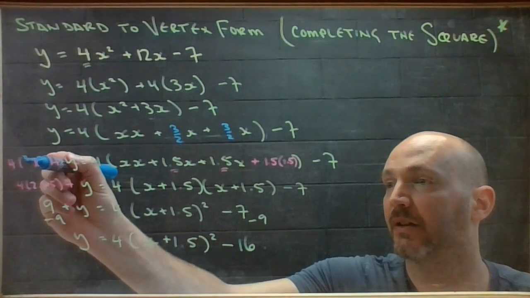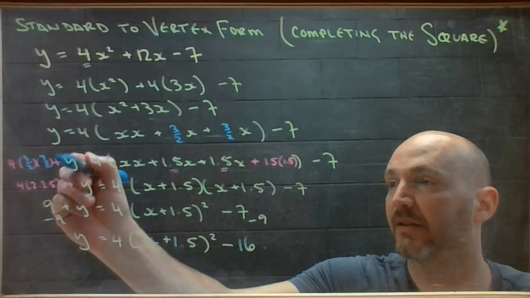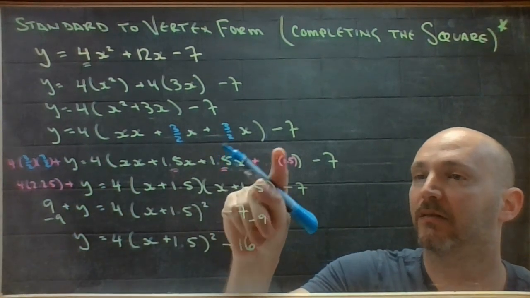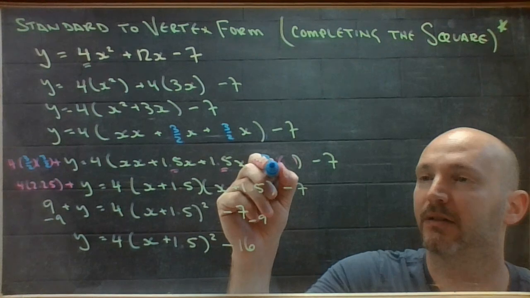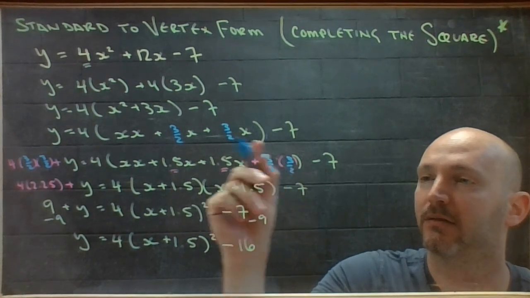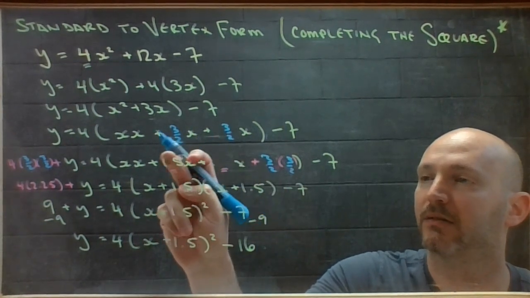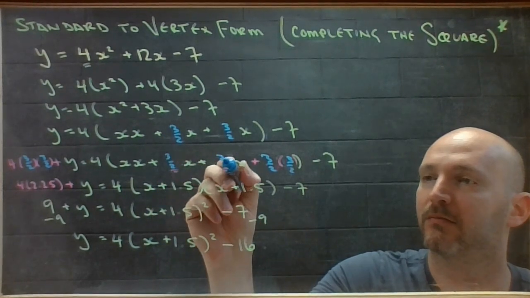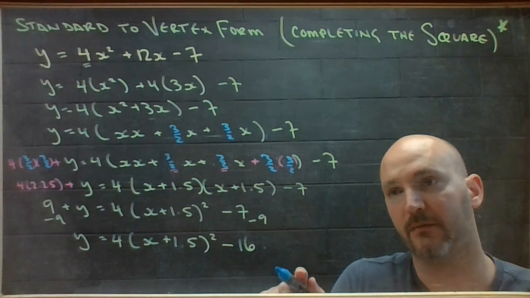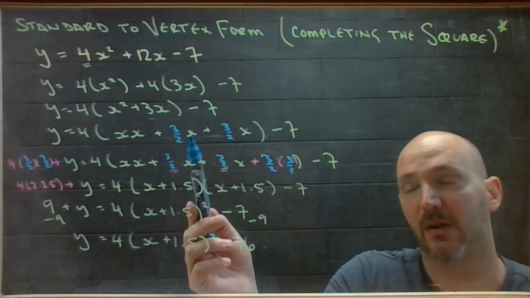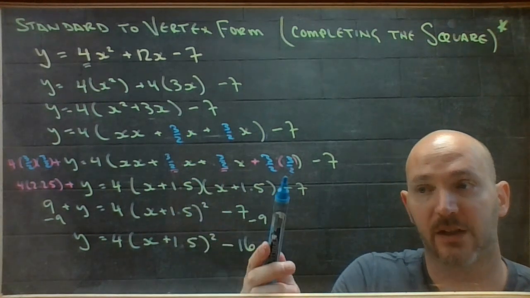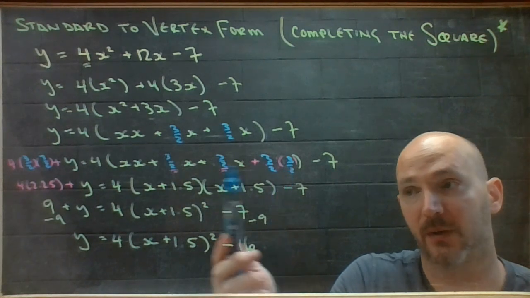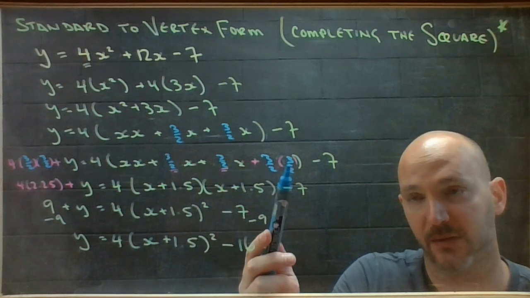That's 3 halves here, 3 halves here, 3 halves here and here, 3 halves here and here. So I saw these two things, and when I generate the fourth term it's always this multiplied by that, goes there.